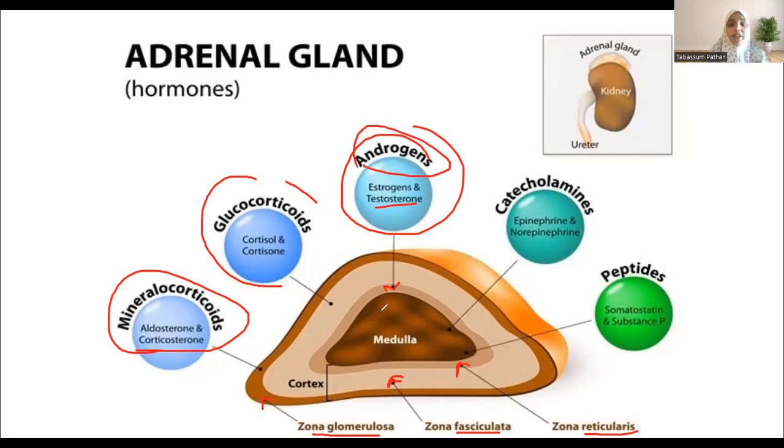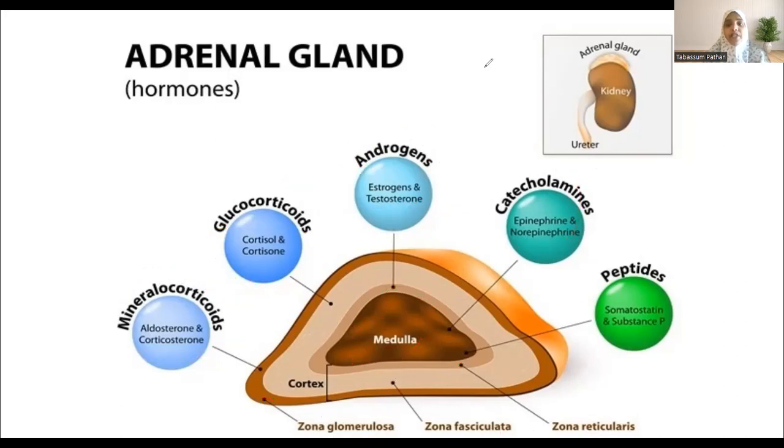So this you need to remember. Zona glomerulosa secretes mineralocorticoids, zona fasciculata of the cortex secretes glucocorticoids, and reticularis secretes androgens, and the medulla secretes only epinephrine and norepinephrine, which is adrenaline and noradrenaline.